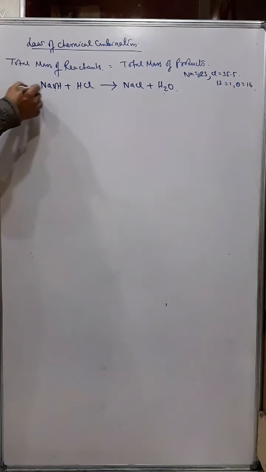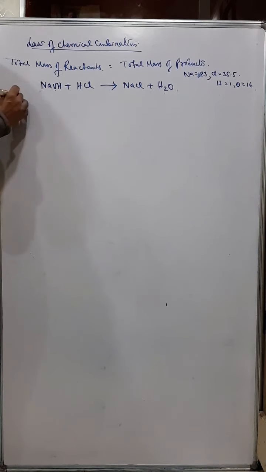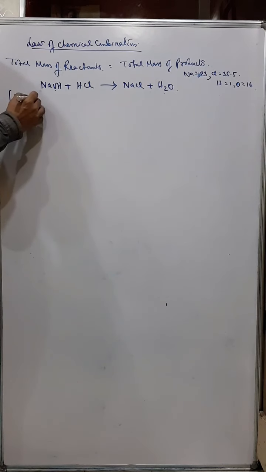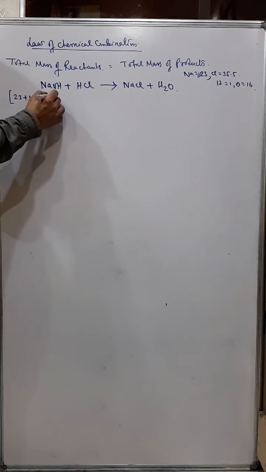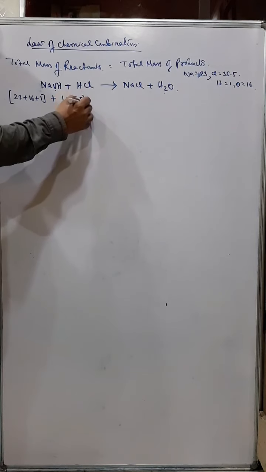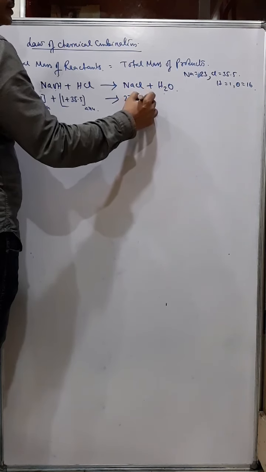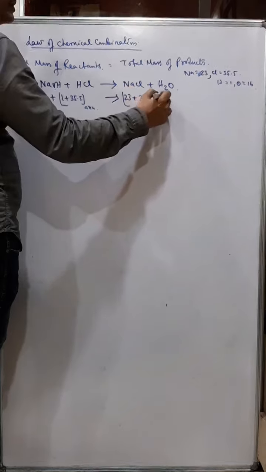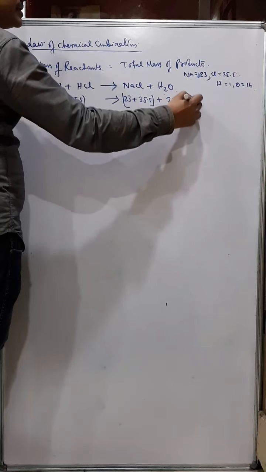So we can show that, for NaOH you have 23 plus oxygen 16 plus hydrogen 1, and then plus hydrogen 1, and Cl 35.5 AMU. I'm not writing AMU every time. And on the right, this is 23 plus 35.5 plus 2 into 1 plus 16.